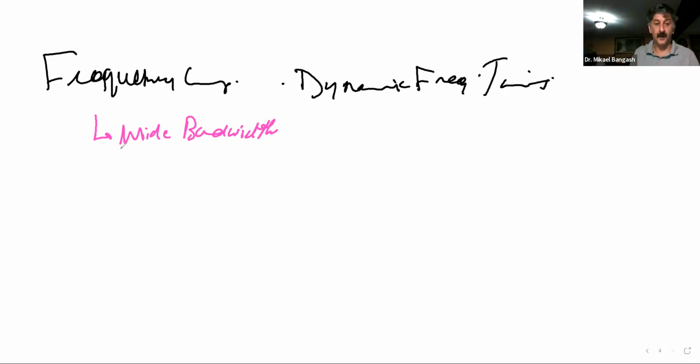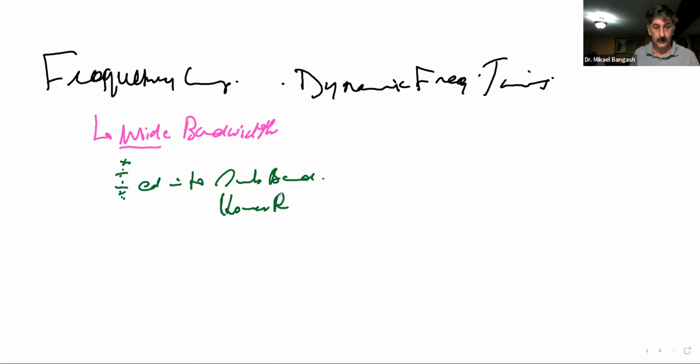This wide bandwidth range is divided into subbands, where each subband is just a lower range of frequency.